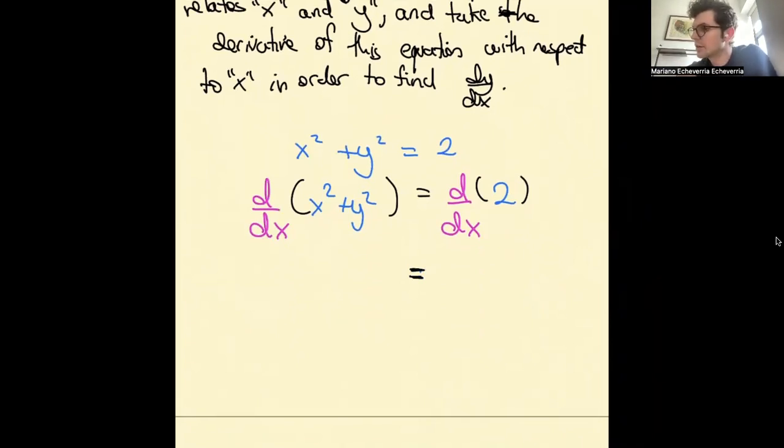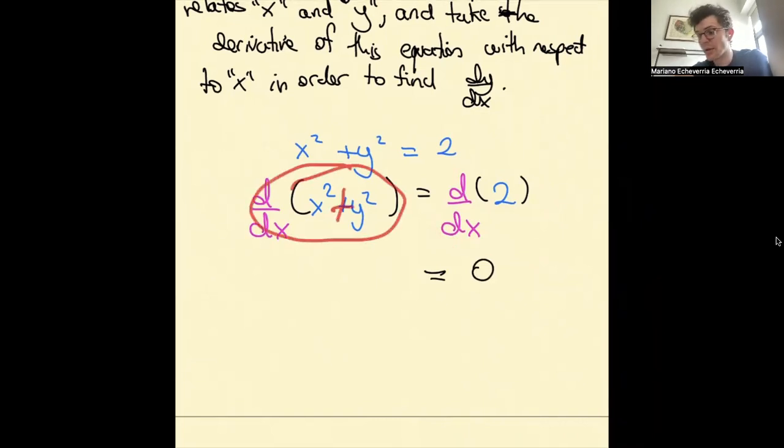Okay, now let's start with the easy stuff. What's the derivative of the right-hand side of the equation? What is that equal to? It's just 0 because remember the derivative of a number or a constant is always 0. There's not much to do. Okay, and then what's the left-hand side?